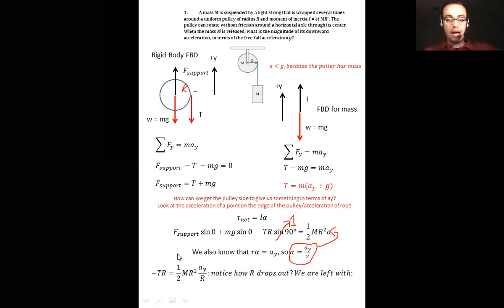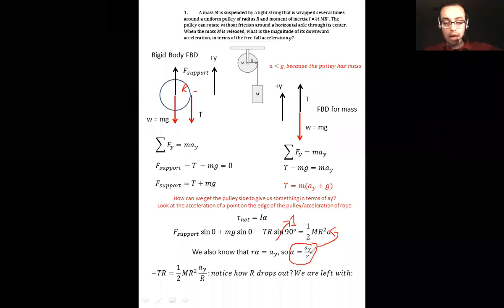Okay, so negative tr, and again, this is 1, so that whole sine 90 business drops out, equals 1/2 mr squared a sub y over r. And again, this big R and this little r are the same. They're both the radius. And again, to keep the nautical theme going, the r's are the same. Thank you very much. I'll be here all night.